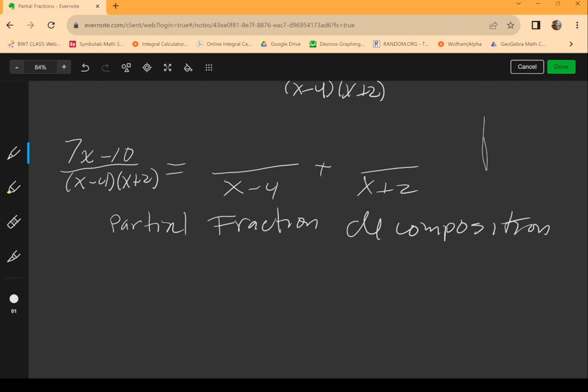We'll stick to linear factors and irreducible quadratic factors, which cannot be broken down any further. We'll take a look at the process each one of those represents, and how to go about finding this partial fraction decomposition.